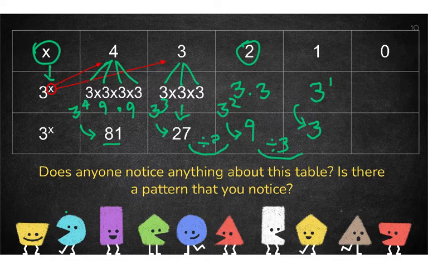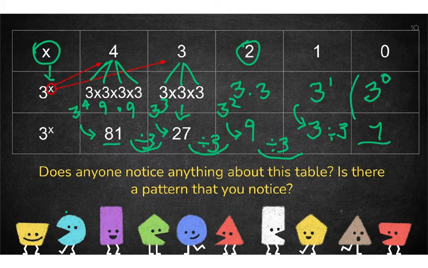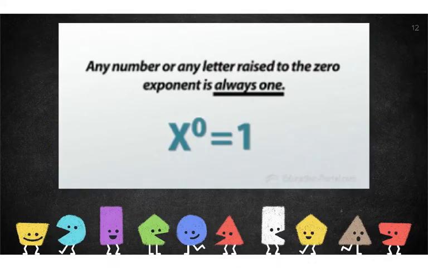27 divided by 3 is 9. 81 divided by 3 is 27. So then we get to this 3 to the power of 0. And if I ask you, what is 3 divided by 3? You'd say, well, Mrs. Hannaford, it's 1. Therefore, right here, that is what 3 to the power of 0 was. And then I extended it by saying any number or any letter that's raised to the power of 0, the answer is always 1.